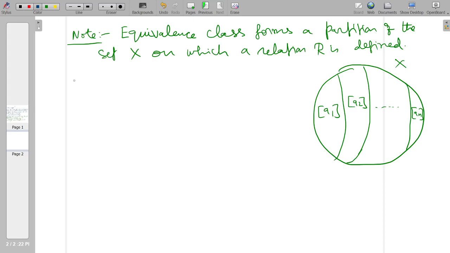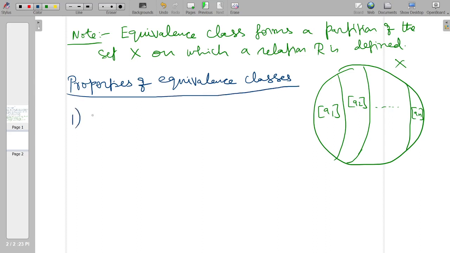Now I will work out certain properties of equivalence classes and then prove the required result.